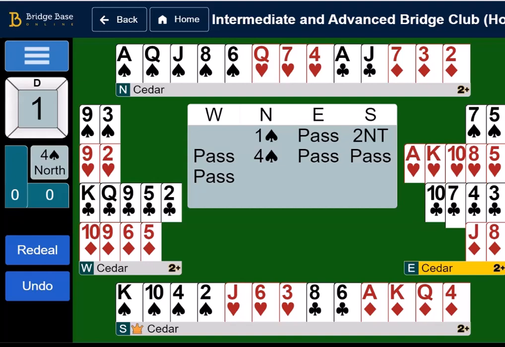A threat, you should definitely learn what threats are. They're cards which can only be beaten by one opponent. But the thing about an automatic squeeze is you've got them split, one in one hand and one in the other. Now you've got to be able to get across between them. So you distinguish the types of squeezes between whether they've got an entry card, which must be in the same suit, or whether they're just cards on their own.